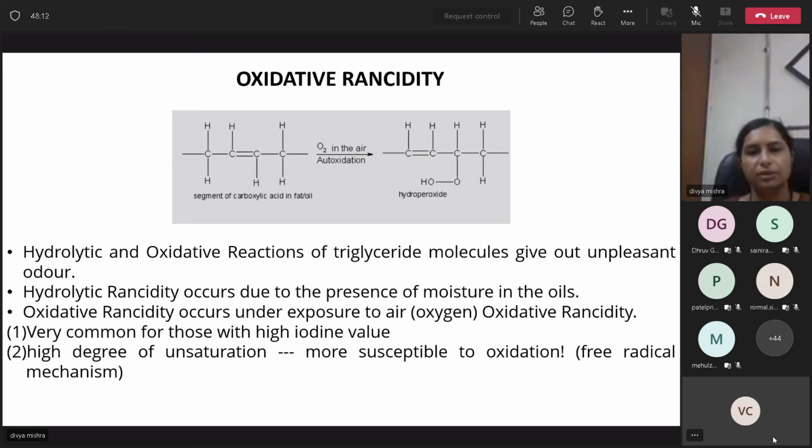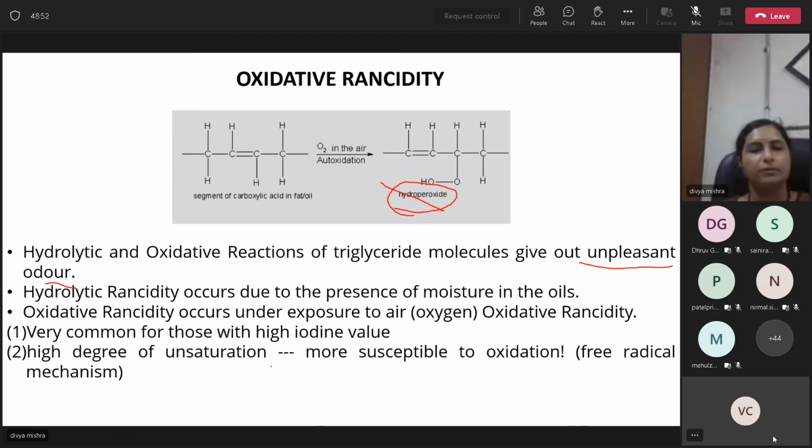This undergoes auto oxidation and appears as a hydroperoxide. After this type of moisture, auto oxidation, or hydrolytic or oxidative reaction, the sample will give you an unpleasant odor and smell. So this may be asked as a question: why does the wafer packet, after being open for a longer period, appear to be unpleasant?